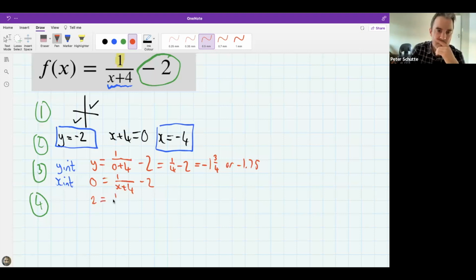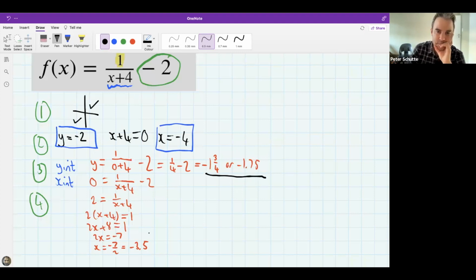So 2 equals. Okay, so there's quite a bit more work going into finding what the x-intercept is.